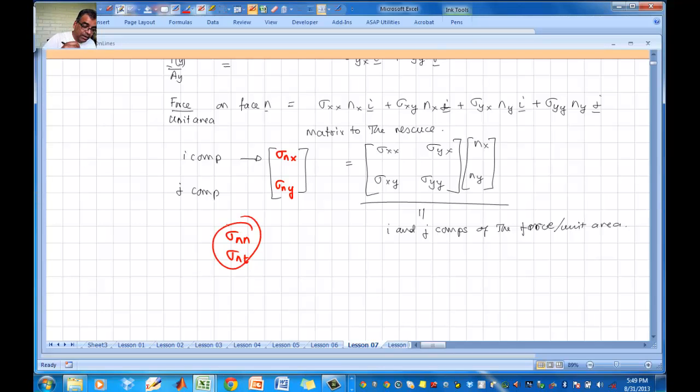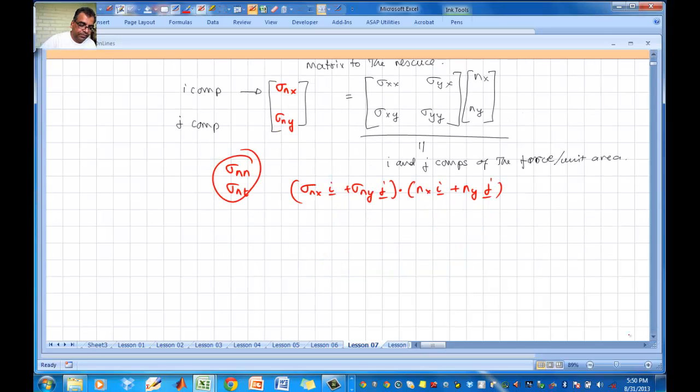That's easy. If I want to calculate the component of a force in a direction, what do I do? I take sigma nx i plus sigma ny j and dot it with nx i plus ny j. So what will that give me? That gives me a very nice result.